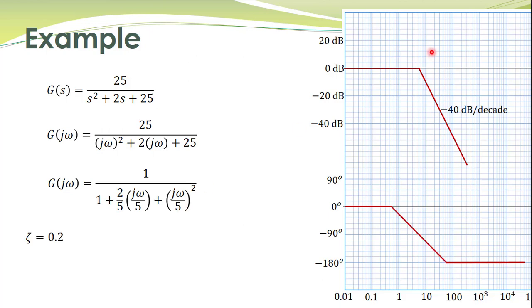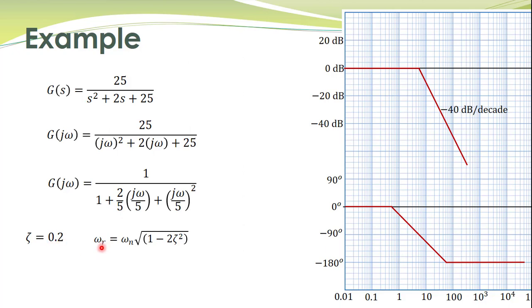We can also determine the resonant frequency and the resonant peak. Zeta is equal to 0.2. Here omega n is 5. So 2 divided by 5, that is, if we compare it with that standard expression, that is 2 zeta into omega n, so zeta comes out to be equal to 0.2.